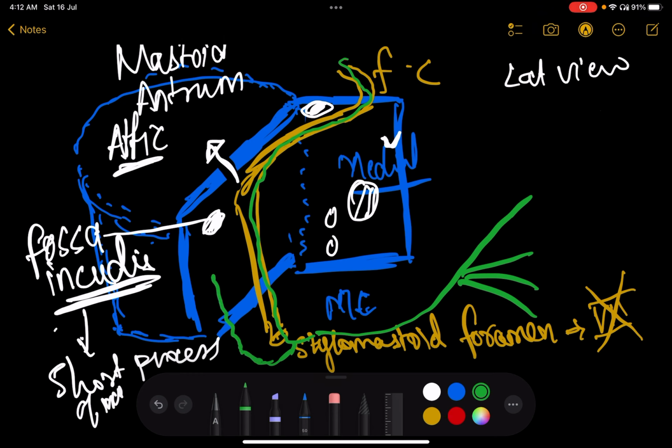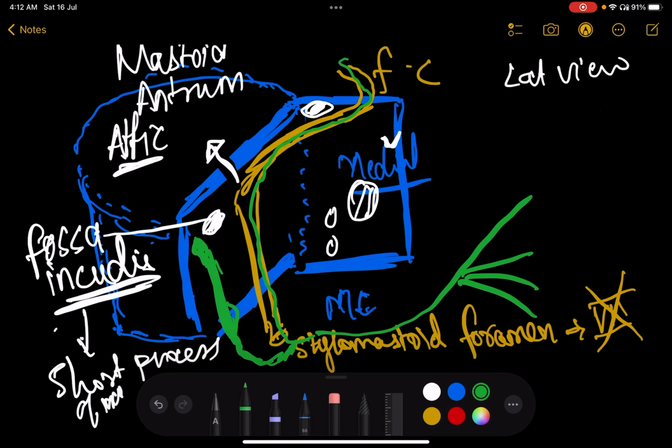And this chorda tympani nerve runs right up into this canaliculus. It runs right up and it enters here. And this is the chorda tympani.